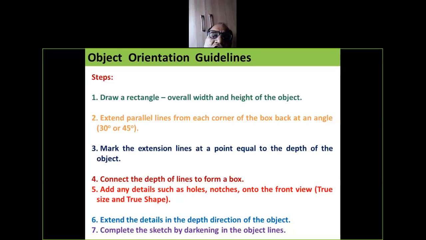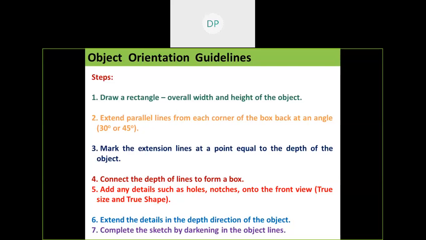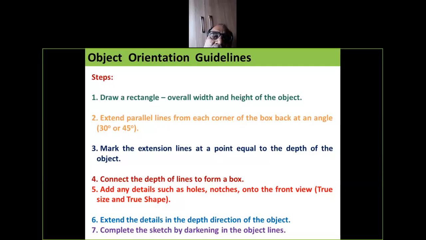In this case, the object orientation guideline is: draw a rectangle of the given width and height. Then extend parallel lines from the corners at 30 or 45 degrees, and mark the extension line at a point equal to the depth of the object.